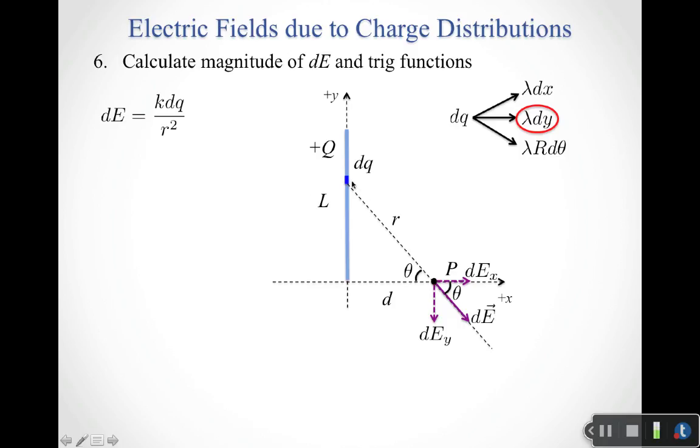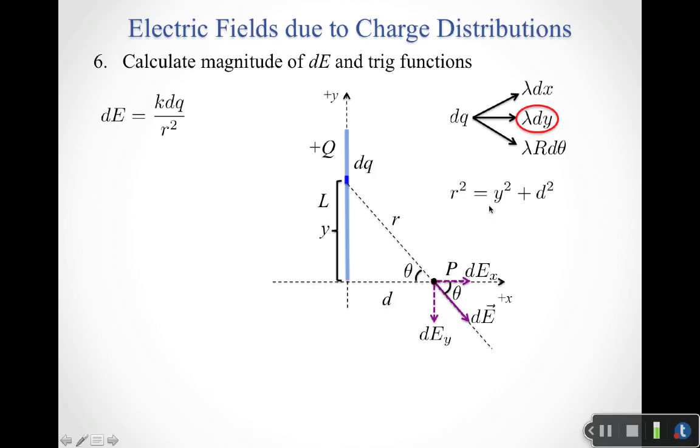For r squared, again, r is the distance from our little charge element to point P. So here's r. Again, it's the hypotenuse of this right triangle. dq sits at some height y. This length of our triangle is always d.